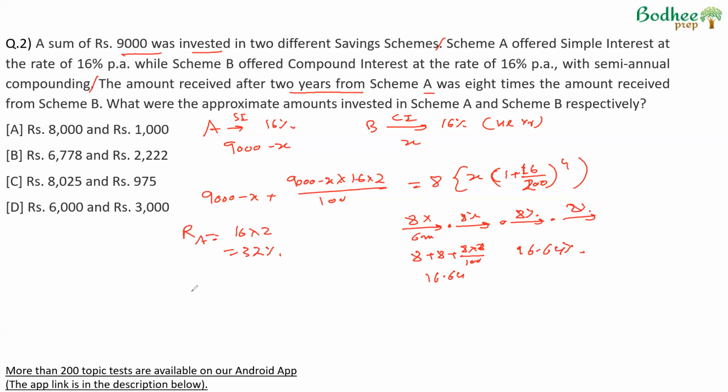So the overall rate for Scheme B will be 16.64 plus 16.64 plus 16.64 into 16.64 upon 100. So this will give us 33.28 plus 16.64 into 16.64. 16 square is 256 and 17 square is 289.